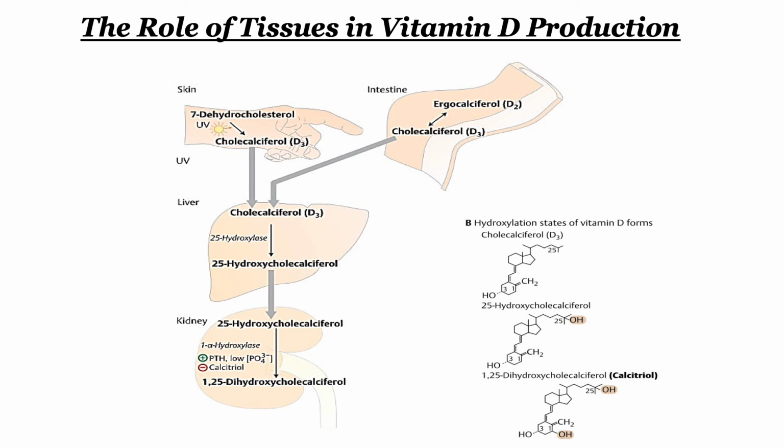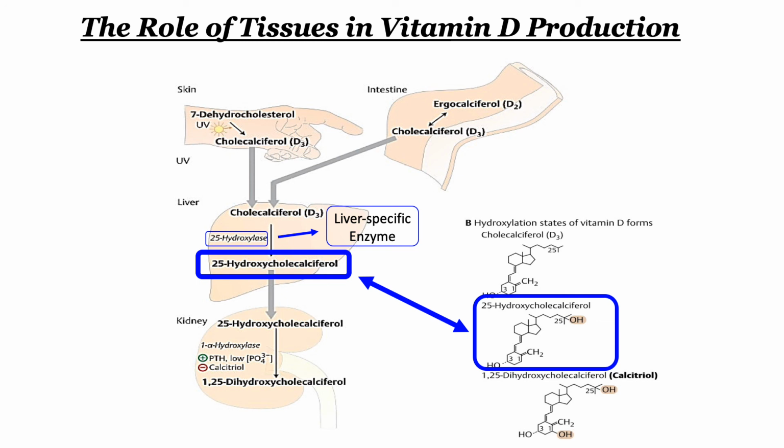Continuing on with the role of tissues in vitamin D production, whether it's from the skin or the intestine, vitamin D3 travels to the liver, where an enzyme called 25-hydroxylase, which is a liver-specific enzyme, converts vitamin D3 to 25-hydroxycholecalciferol. Thus, 25-hydroxycholecalciferol is found exclusively in the liver.